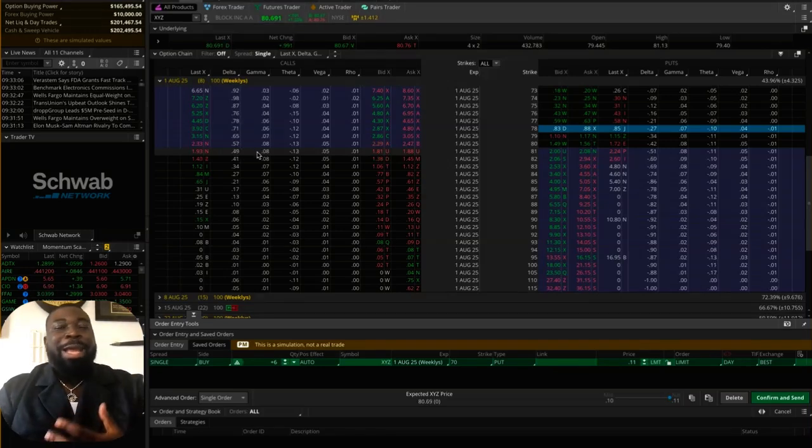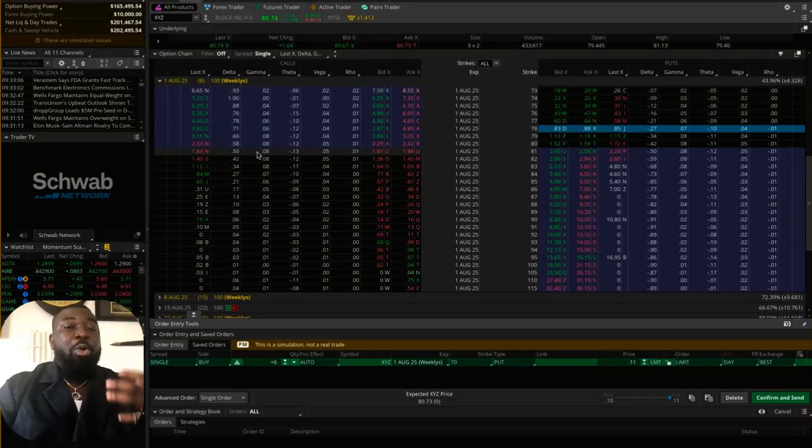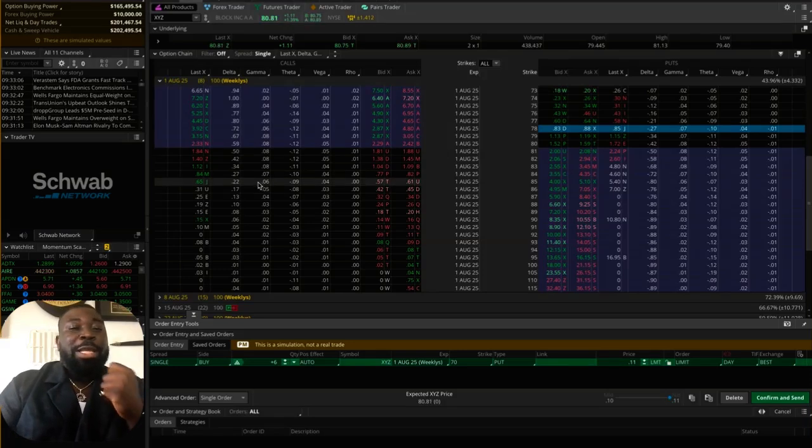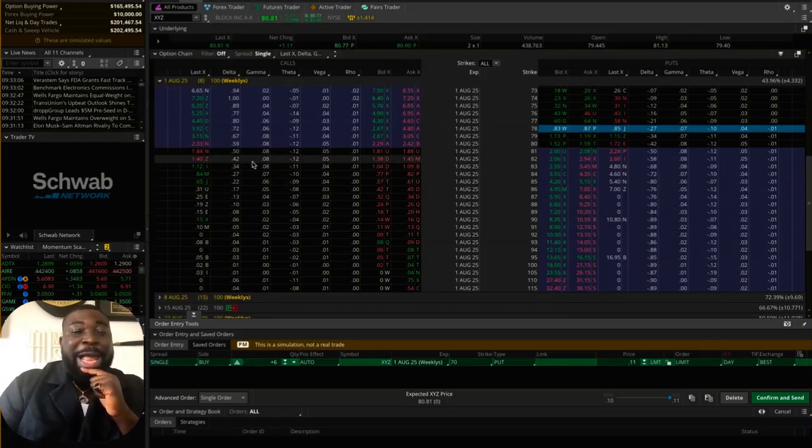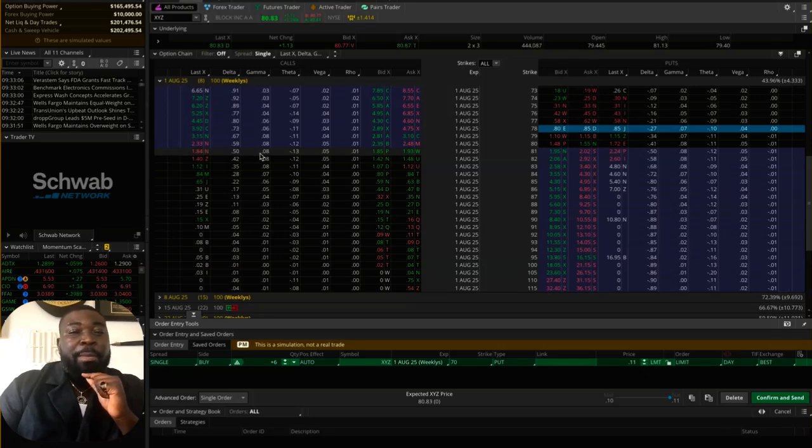As a day trader, I'm in and out. But if I'm swinging it, I'm holding it over days, then I want to look at the delta, the gamma, and the theta. I want to look at how much money each contract is going to gain per dollar the stock moves up. I also want to look at, on the gamma side, as it moves up, how much money my contracts are going to gain in delta as it goes in my favor.